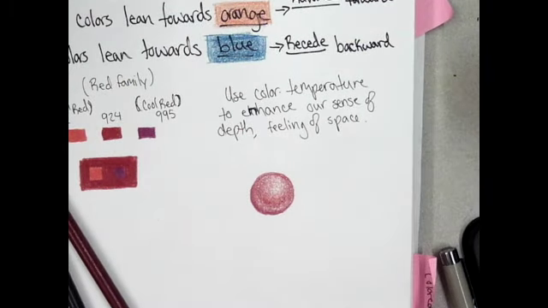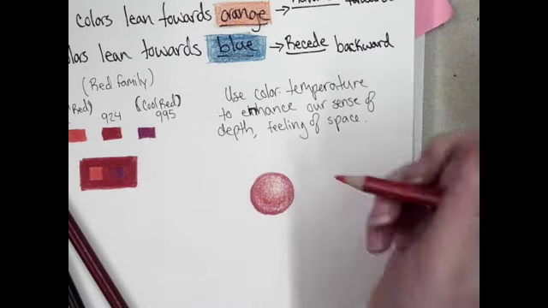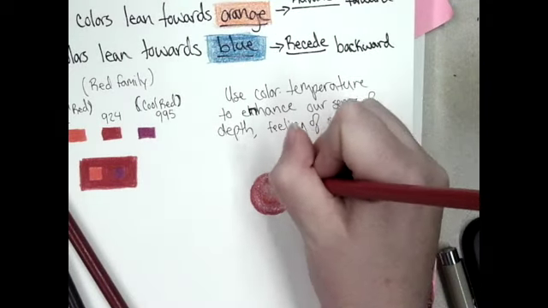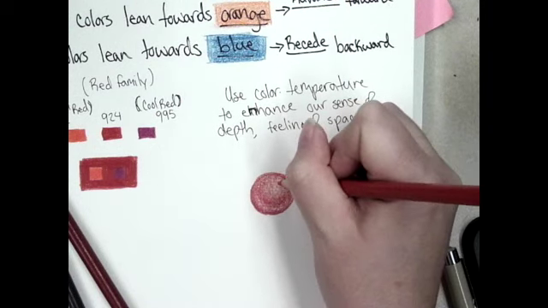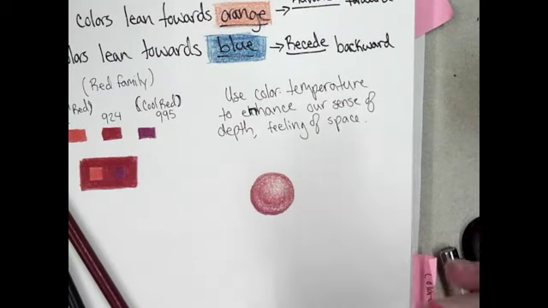And just subtly changing, it's still a red sphere, still a gumball. But adding just a slight color variation with temperature in mind can really enhance that 3D effect, that push-pull effect.